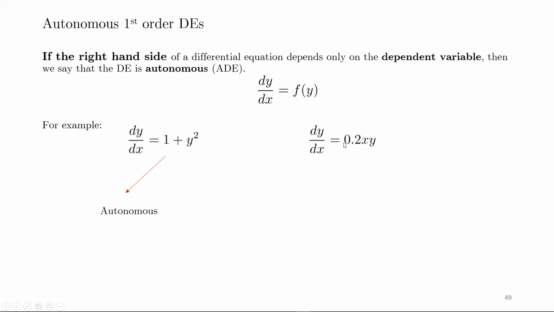But the second is non-autonomous because, well, we have a y here, but we also have some function of x. In fact, this differential equation is the one that we plotted the solution curves and the direction field for before. So that differential equation was non-autonomous. The special thing about autonomous differential equations is that the value of the slope does not depend on the value of x. It only depends on the value of y.